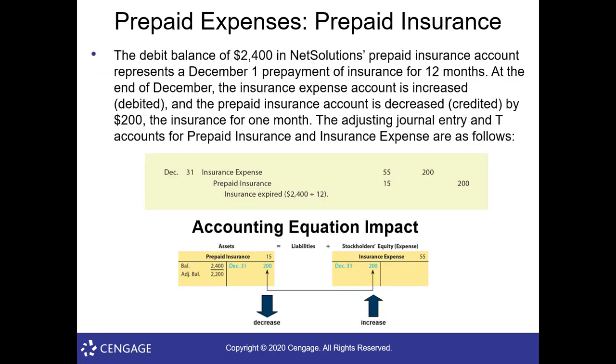Insurance, we bought an insurance policy for 12 months, $2,400. That's $200 per month, and 1 month of that has now expired. So we're going to debit insurance expense and credit the asset by $200, bringing it down to the $2,200 value of the remaining 11 months in the insurance.